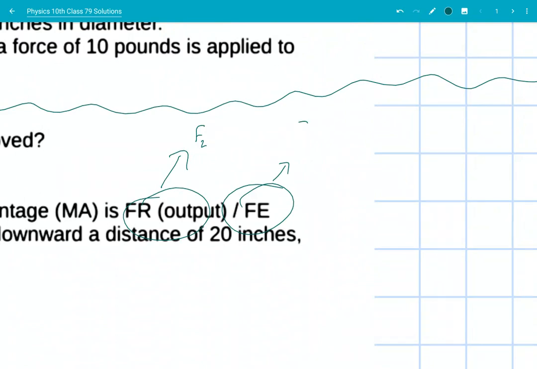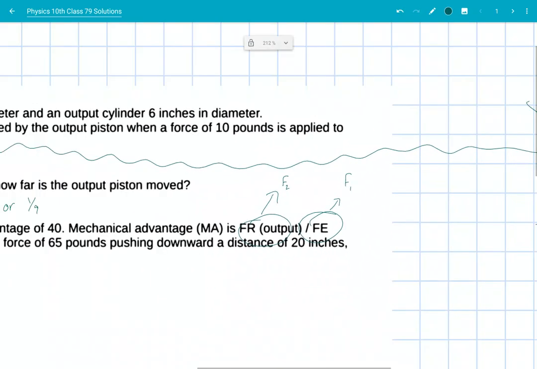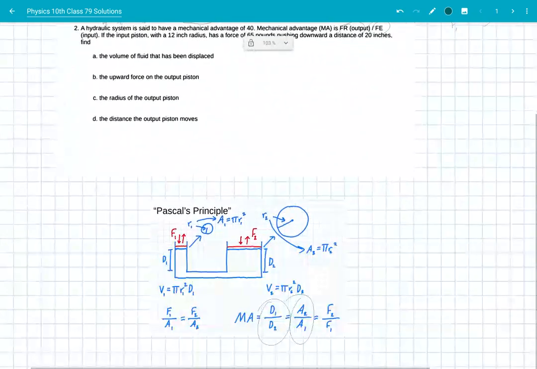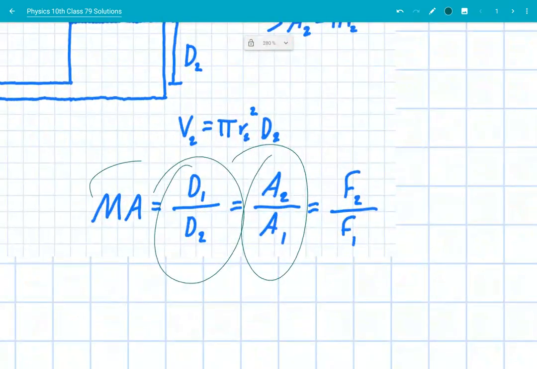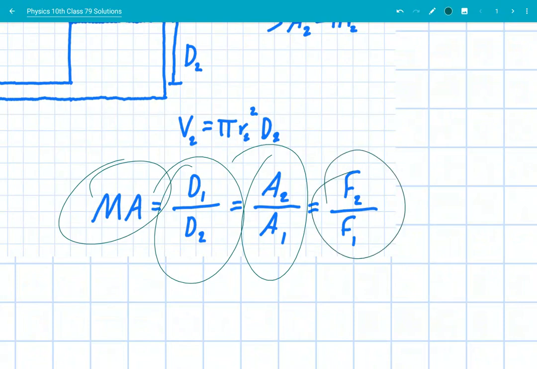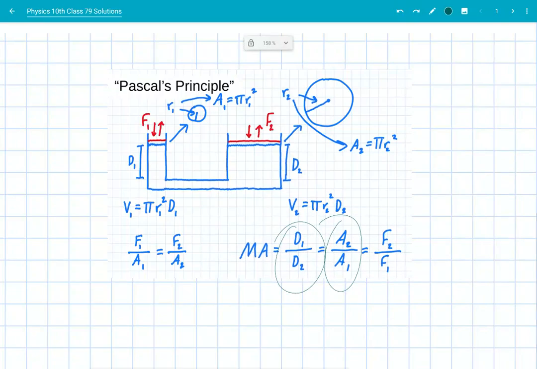So when they say mechanical advantage is FR over FE, they're saying mechanical advantage equals F2 over F1, which is, interestingly, the same formula that I gave you guys last class. Right here, you can see the mechanical advantage, and then the F2 over F1, same thing, okay?